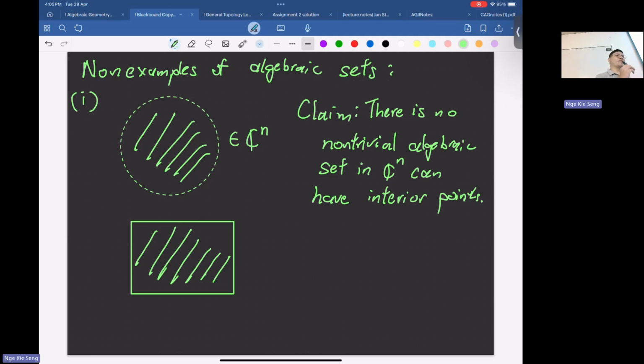If a point is an interior point of some set A, what does it mean? There's an open ball inside the set A that contains the point.